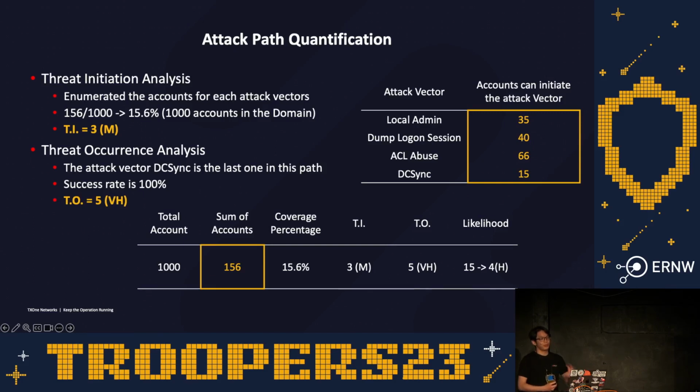Here we're seeing the 156 accounts, and this basically means that for any one of these 156 accounts, if it's compromised, the attacker can follow this attack path and perform the DC sync, compromising the domain. So in this attack path, performing DC sync and compromising the domain is the objective.